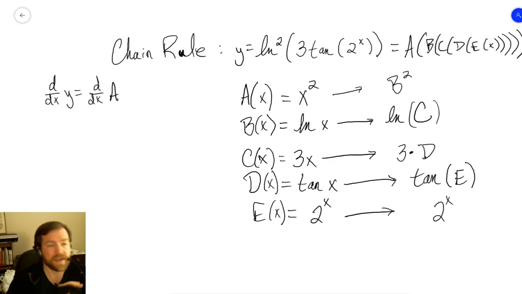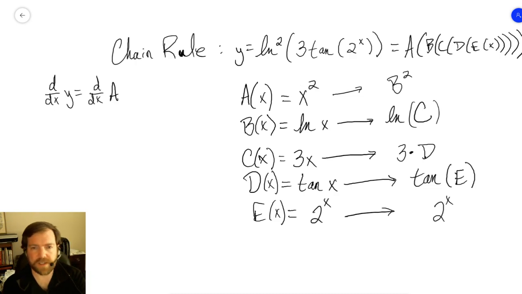I'm just going to label it as A. So we want to take the derivative with respect to x of A as it fits as this whole long string of stuff. Now, we can take the derivative with respect to A. Nope, sorry. We could take the derivative of A with respect to x. However, that's only going to get us this far. I'm still pointing with my cursor, sorry. It's only going to get us to the x squared term. So it's not really going to get us to all this other natural log 3x, all that other stuff.